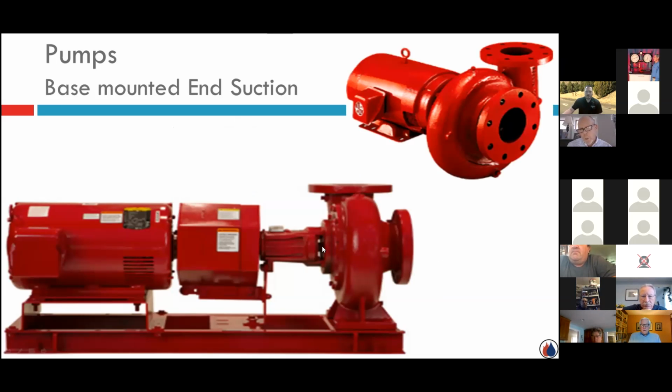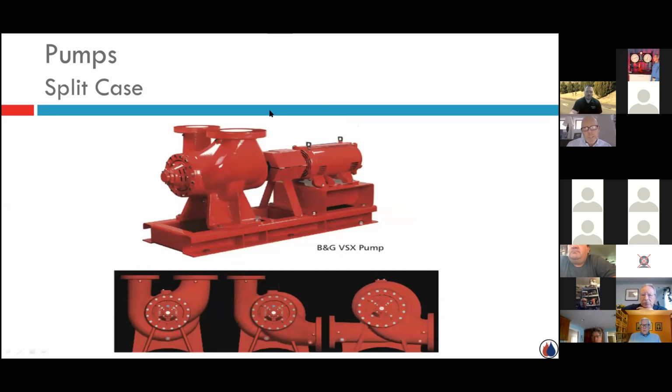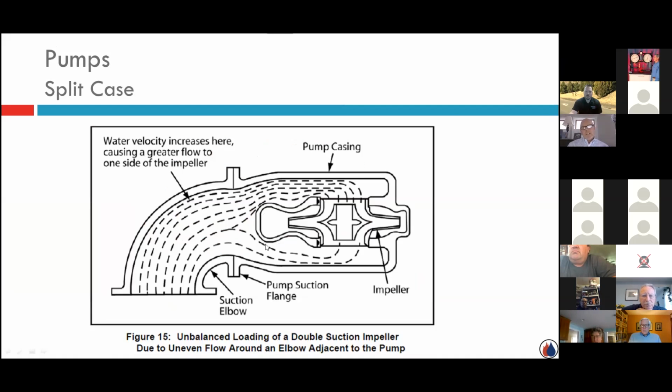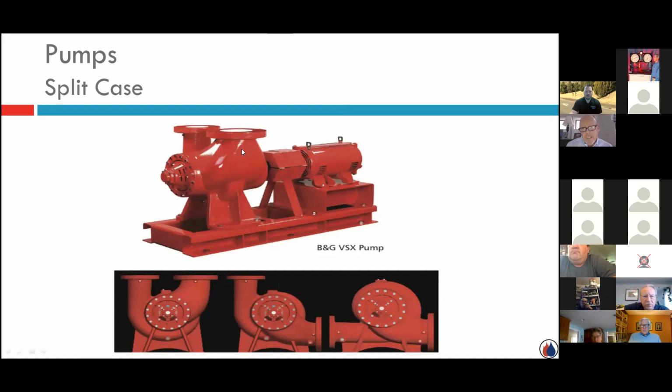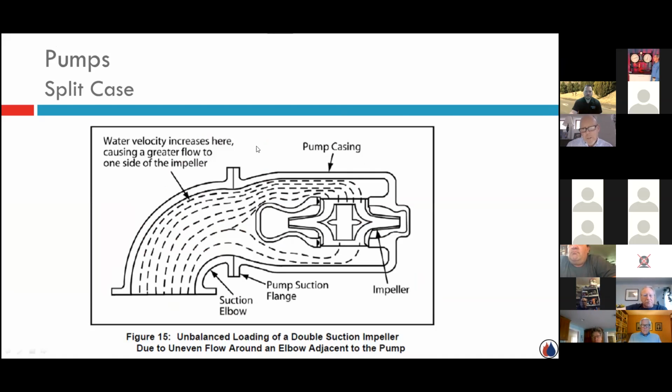We've got some load back here, some thrust on the bearings, but then it handles it and it discharges out. On a split case, the water comes in and it splits equally. And I have a quick drawing here. The impeller is referred to as a double suction impeller. So I have water that comes into that casing right here, and then it splits equally.